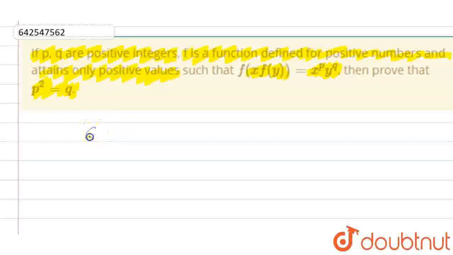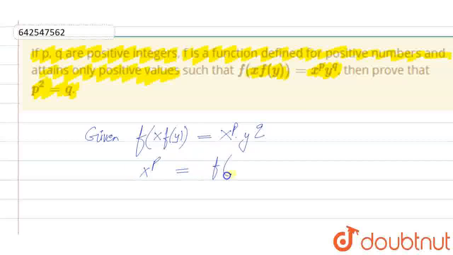Here we have given f(x)·f(y) = x^p · y^q. Okay, this is given. Now from here we can calculate x. So x^p = (f(x)·f(y)) / y^q.